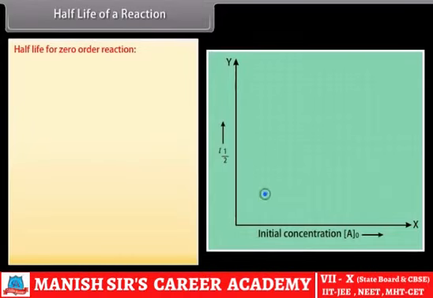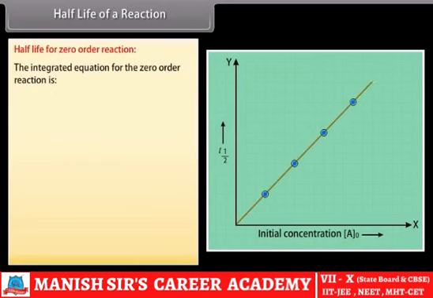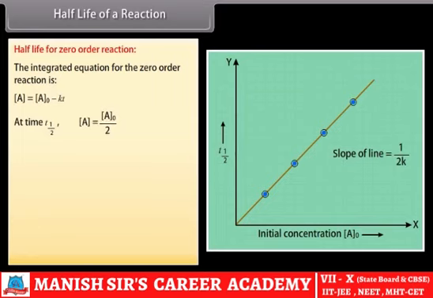Half-life for zero-order reaction. The integrated equation for the zero-order reaction is A is equal to A naught minus Kt. At time t half, A is equal to A naught by 2, or A naught by 2 is equal to A naught minus Kt half, or Kt half is equal to A naught by 2.